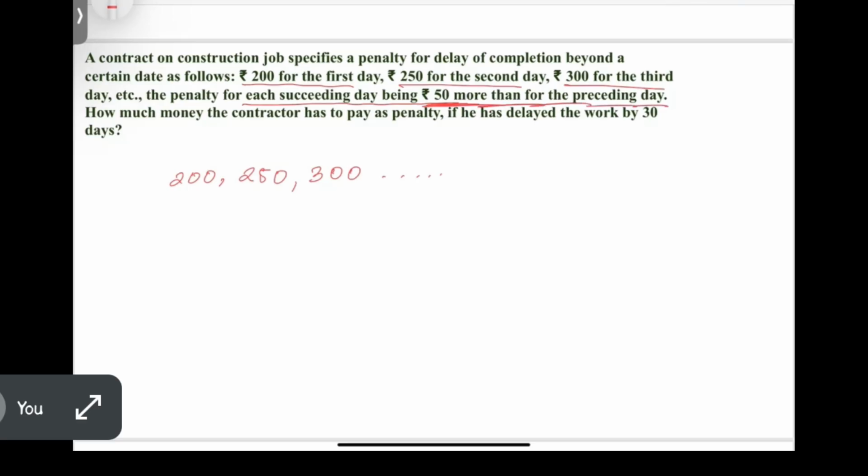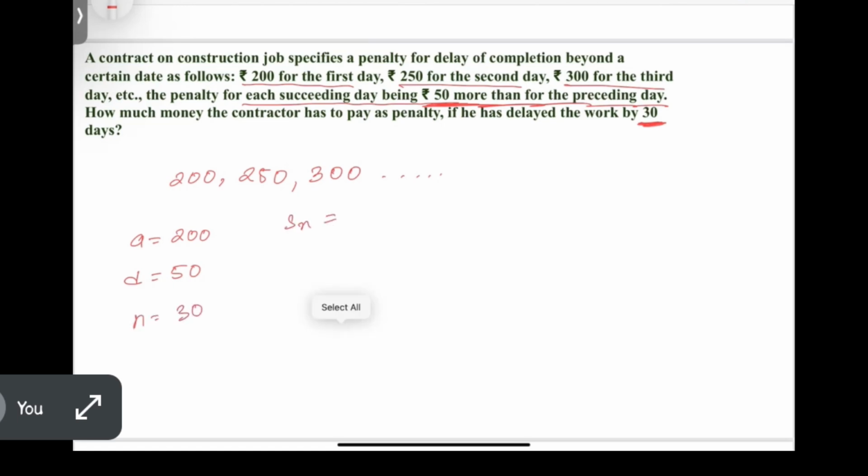Just by looking at this, I know a is nothing but 200, and d is nothing but 50, because every term there is an increase of 50. We are asked to find the penalty if he delays the work for 30 days. That means we need to find up to the 30th term, so n here is 30. So what was the Sn formula?